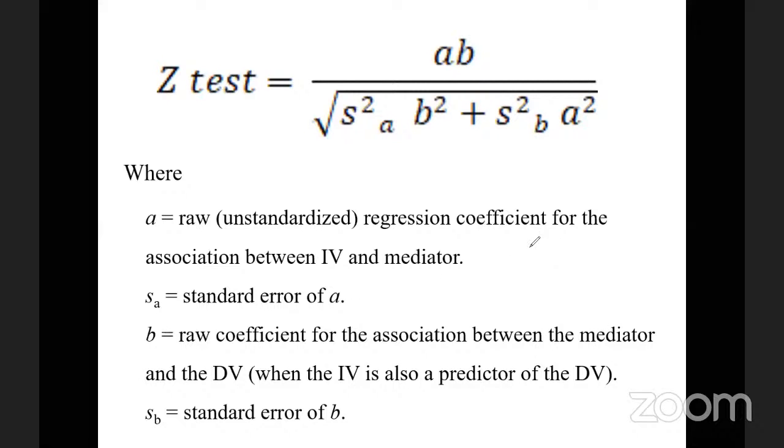So here this is the mediator and Y is the dependent variable, DV. B means the regression path coefficient between the mediator and DV, and SB is the standard error of this.